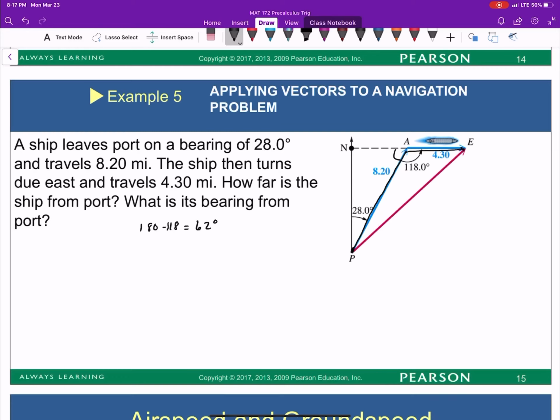So we're going to use that 62 degrees because it's complementary to what? That side.